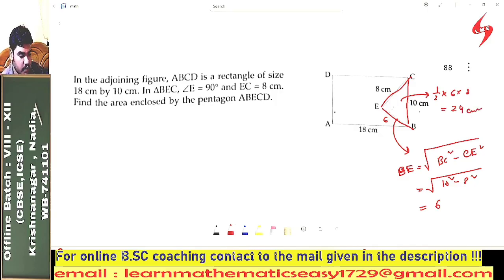And area of the total rectangle: this is 10 and this is 18. So 18 into 10. As you can see, the length is 18 here and the breadth is 10. So 180 cm square.